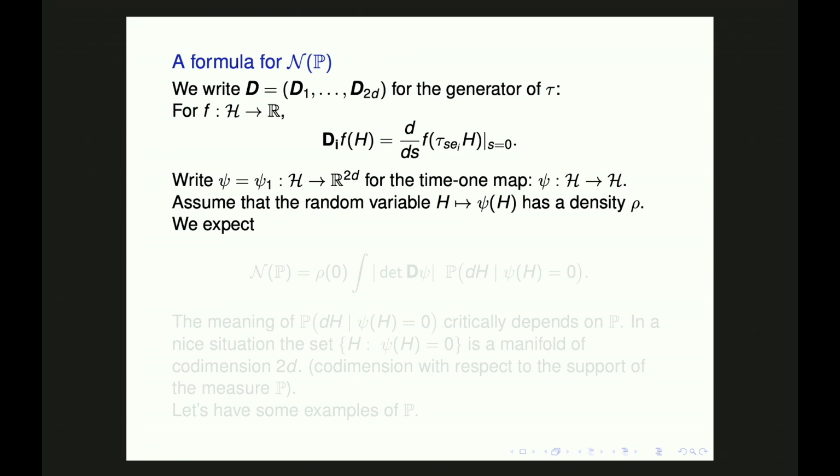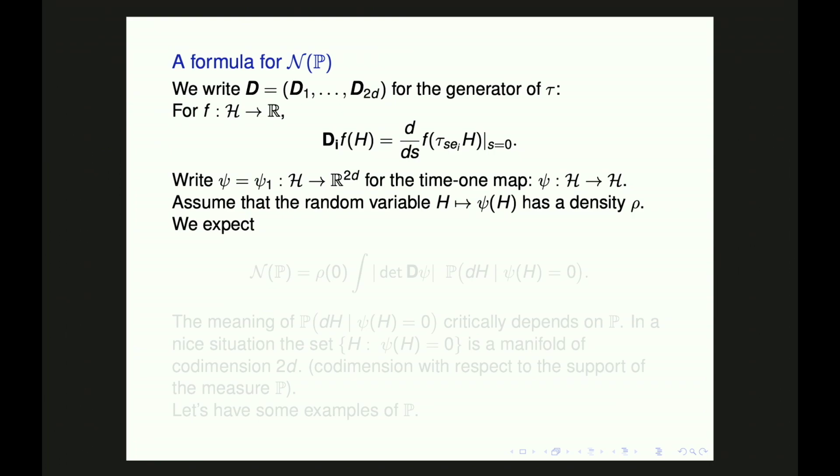Okay, so this is a typo. So assume for now that this random variable h going to psi h is a function defined on the space of Hamiltonians and takes values in R^2D. Let's say it has a density, which I denote by rho.